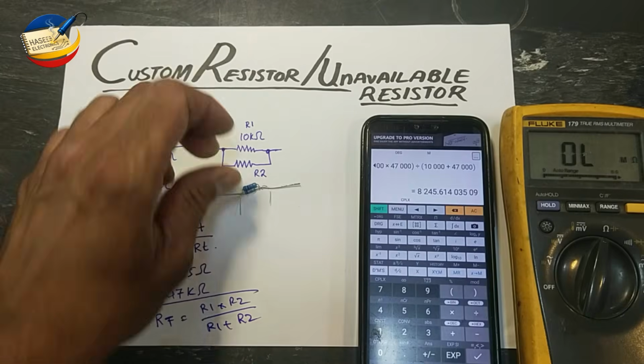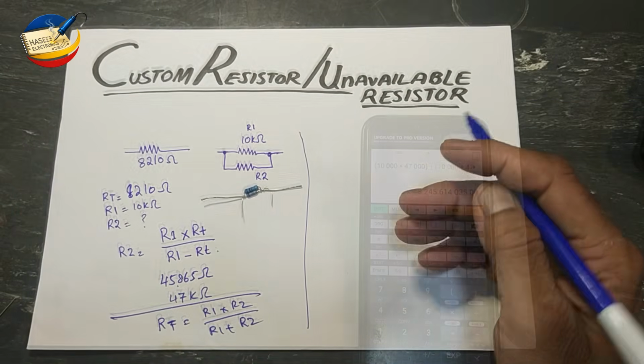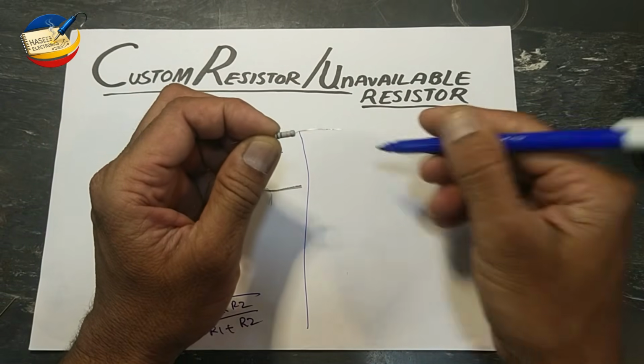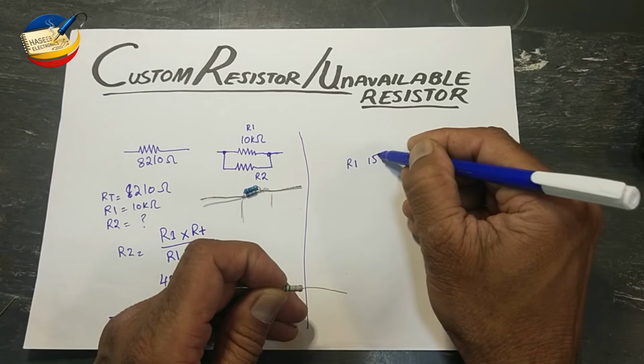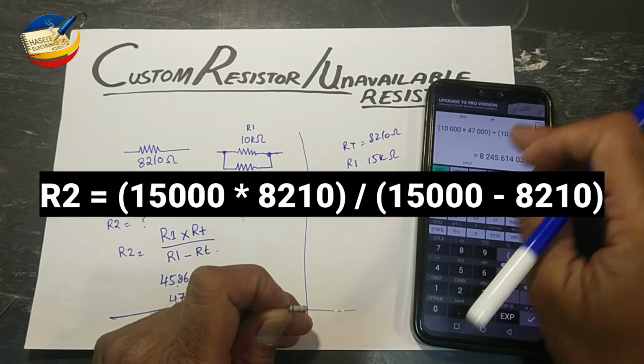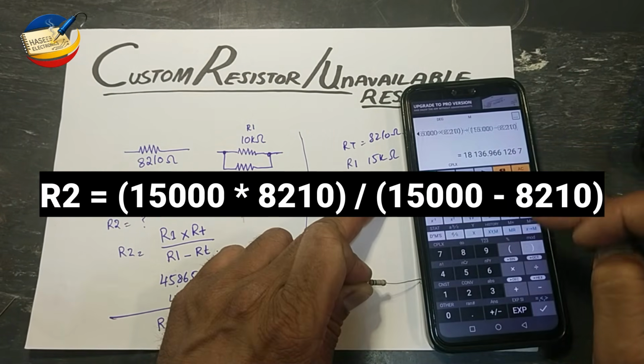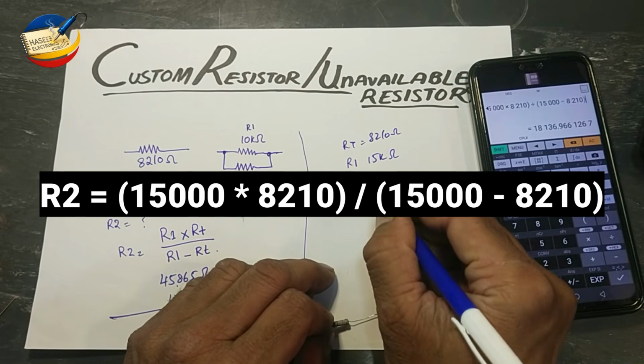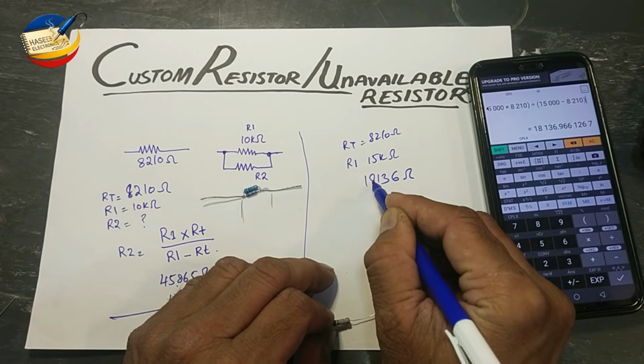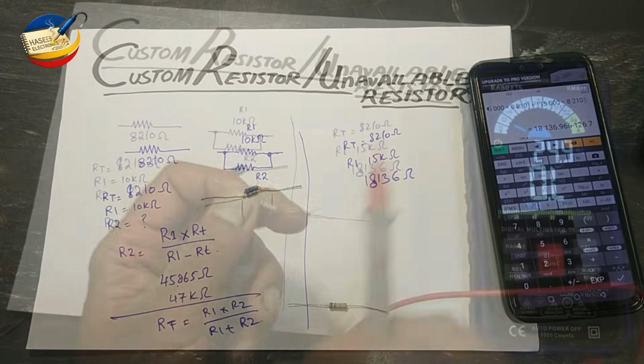Okay, this is one combination. For the second option, I have this 15K, R1 15 kilo ohm. Using the same formula, we need an 18,136 ohm, 18 kilo ohm resistor.